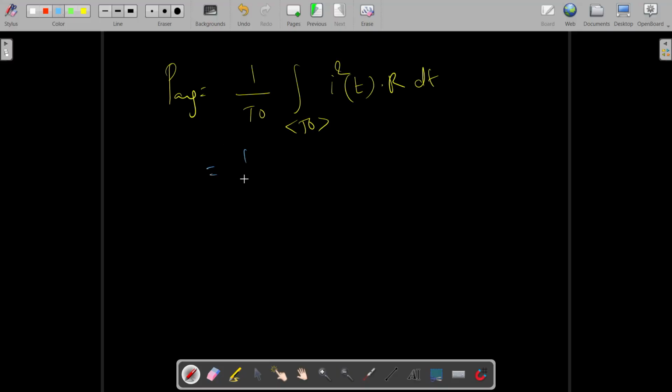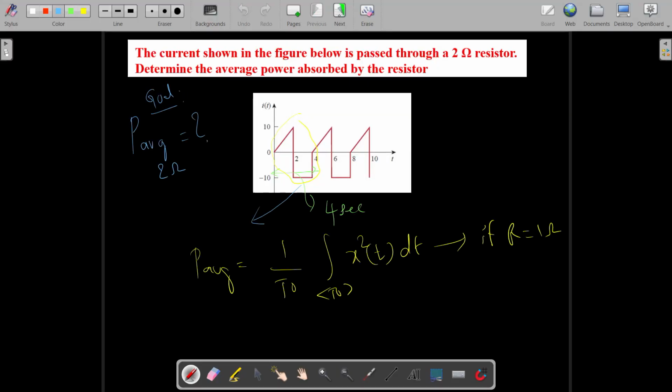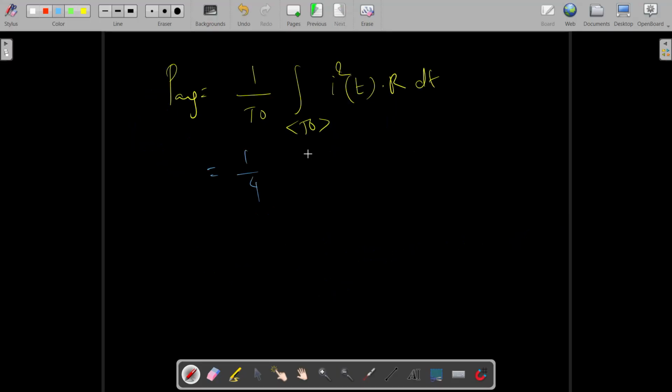This is going to be 1 by 4, from 0 to 4, i square of t into 2 into dt. Therefore this is 1 by 2, integral 0 to 4, i square of t into dt. So all we need to find is the expression for i of t. Once you know the expression for i of t, square it and take the integration.